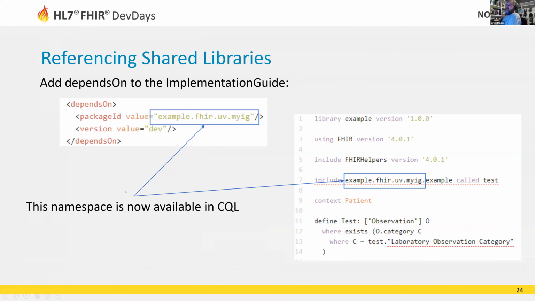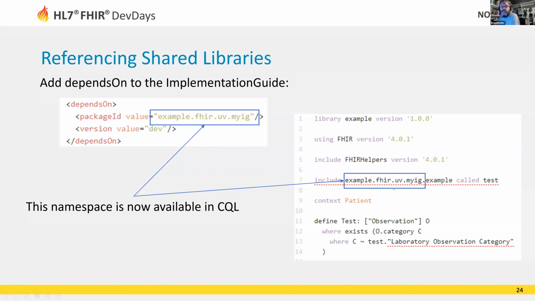What that means then is that your library resource is part of the implementation guide. It's a conformance resource that's distributed as part of your implementation guide content, just like profiles and value sets and all of that. In particular, those resources are actually in the NPM package. And we've specified a way for you to reference those libraries in your CQL.